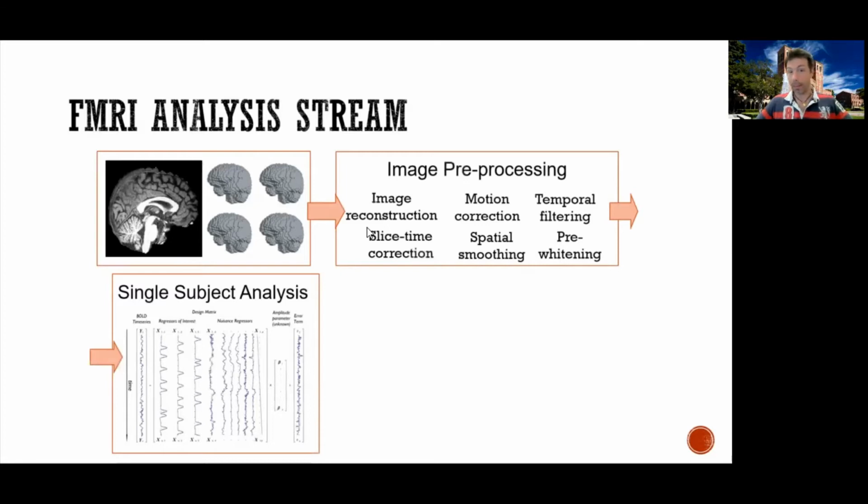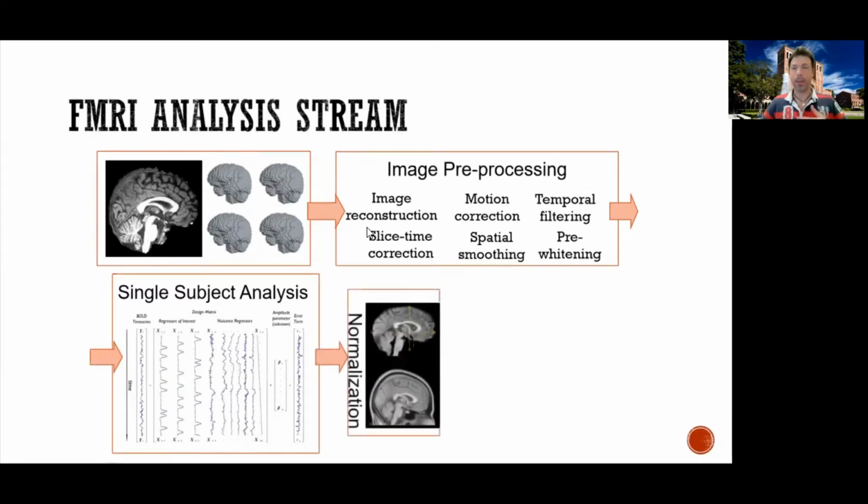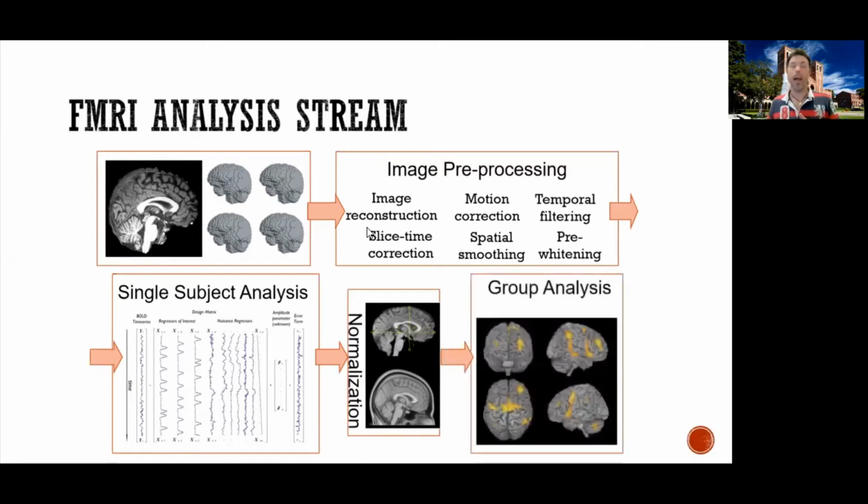And then what I want to discuss today is, once you do that, and perhaps you find out how to transform the functional data into a standard template so that you can compare across individuals, how do we then do a group analysis?